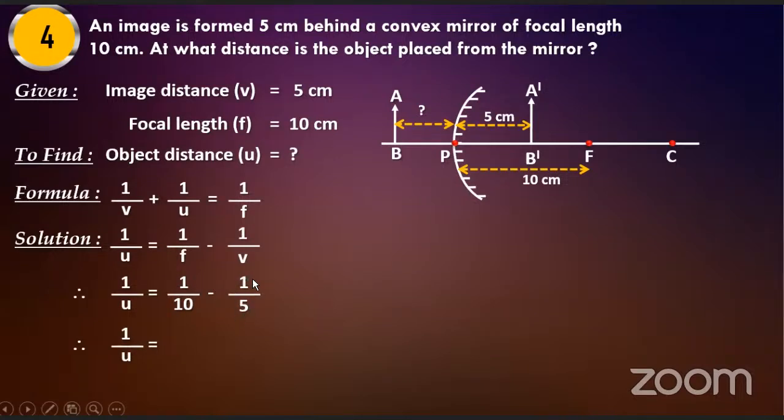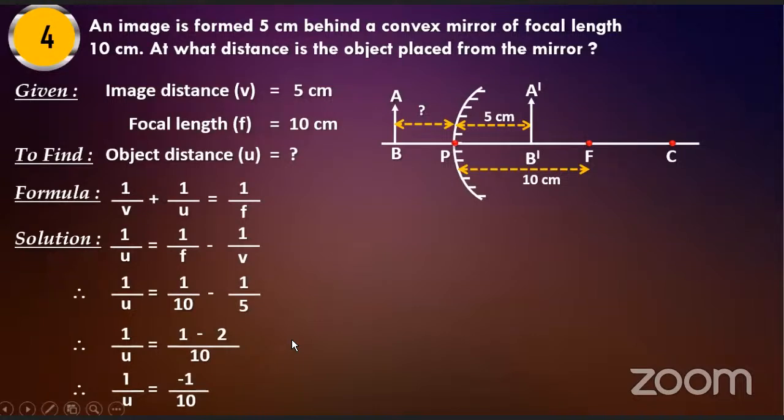How many times of 5 is 10? 2 times. So 1 minus 2 by 10 is the answer here. 1 minus 2 is minus 1. So 1 by u is equal to minus 1 by 10.